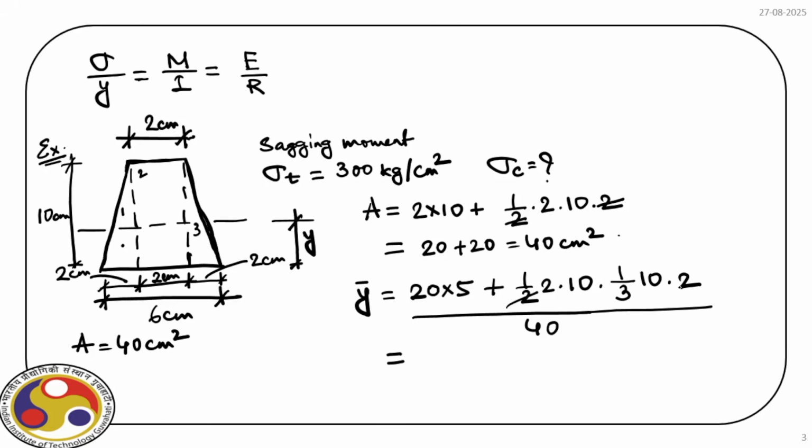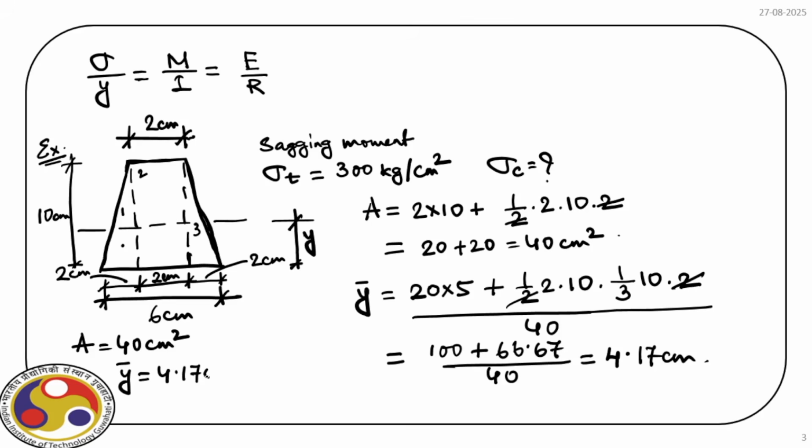Effectively we get 100 plus 66.67 divided by 40, which is 4.17 centimeter. So y bar from the base is 4.17 centimeter, right?